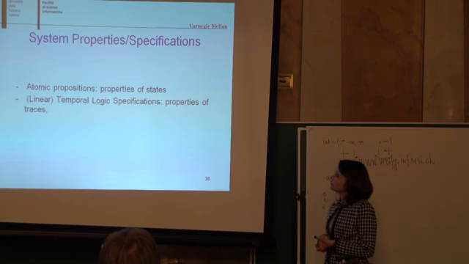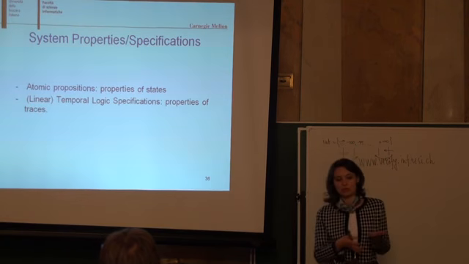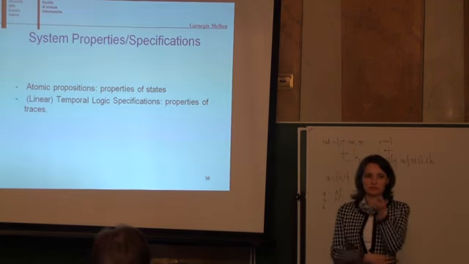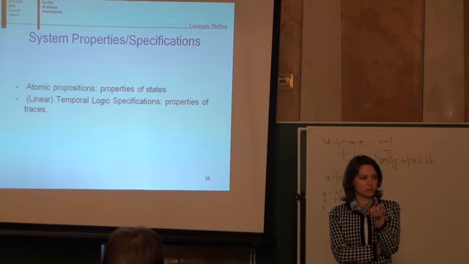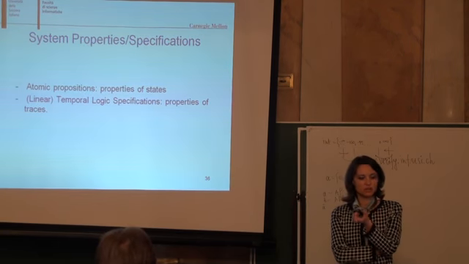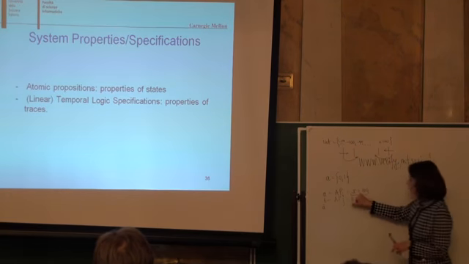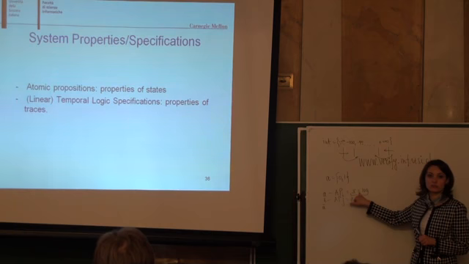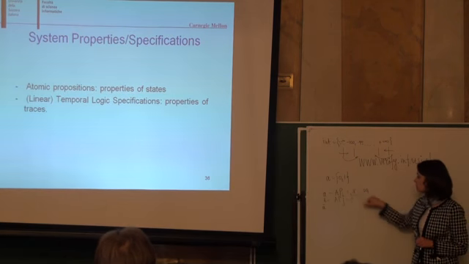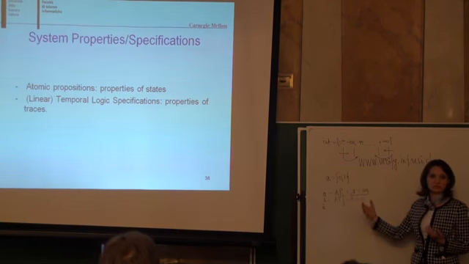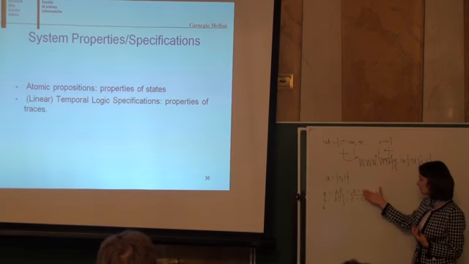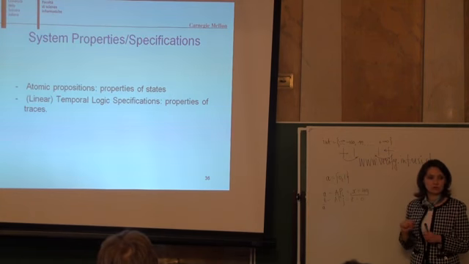Okay, so remember when I talked about models, I said that I remember some atomic propositions, the properties of states. These atomic propositions were values of program variables. So I'm going to reuse this notation, atomic propositions, to write property formulas now. Why?